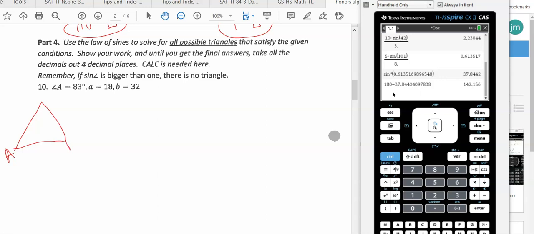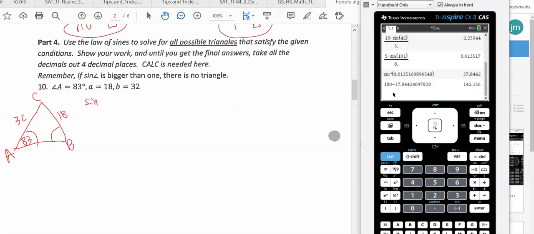So A, B, C. Angle A is 83. 18 is the side, and B is 32. So I've got to find this angle right there. So we're going to set up law of sines.